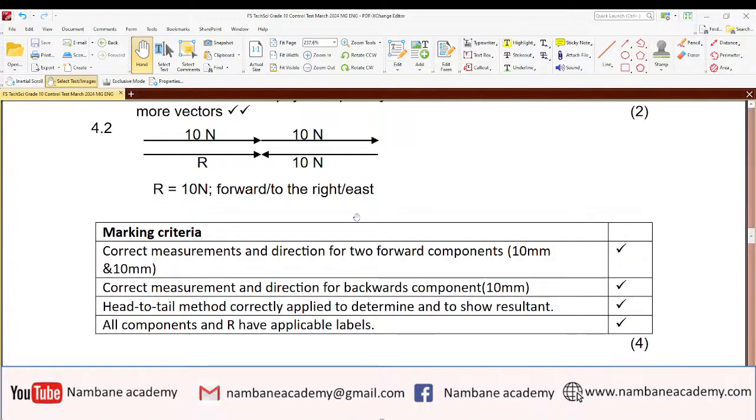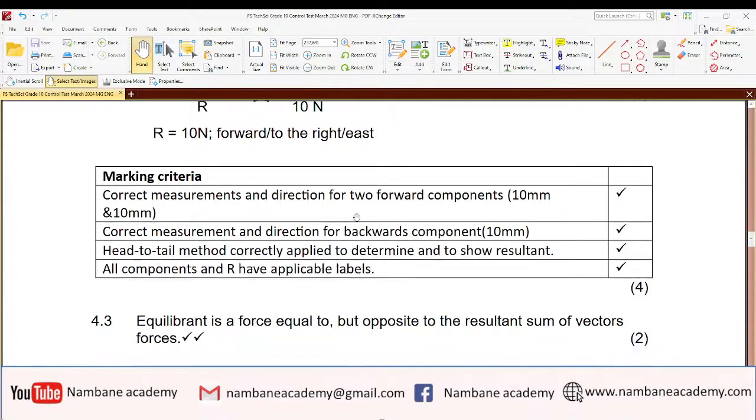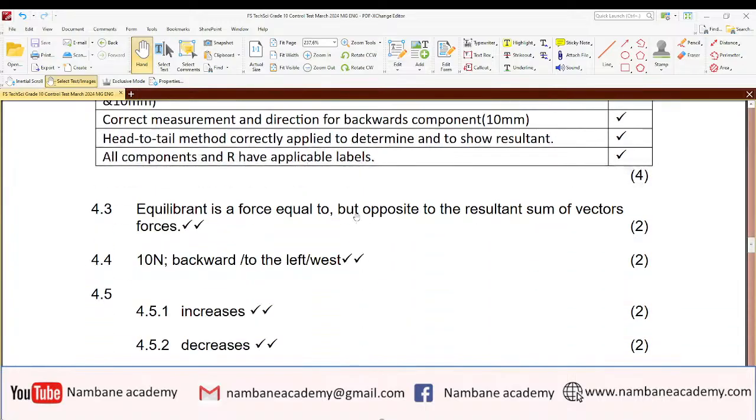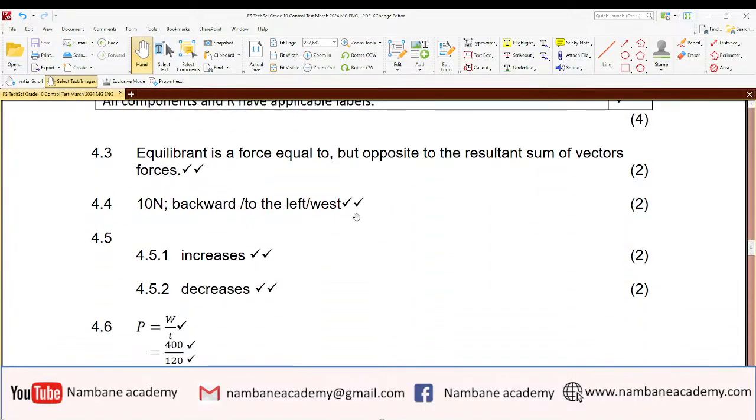At 4.3, define the term equilibrium. Equilibrium is a force equal to but opposite to the resultant sum of vector forces. In simple terms, equilibrium is a force that is equal to the resultant but in an opposite direction.